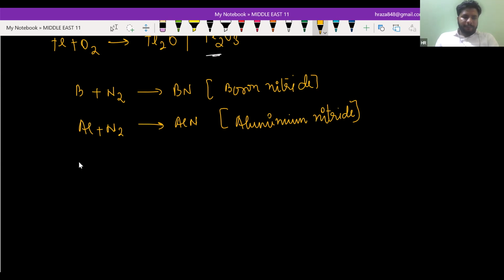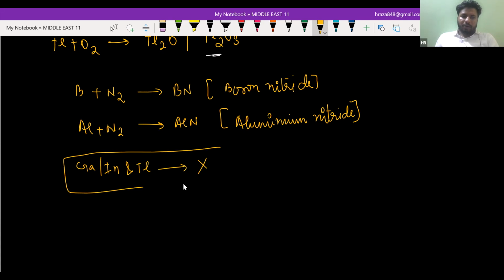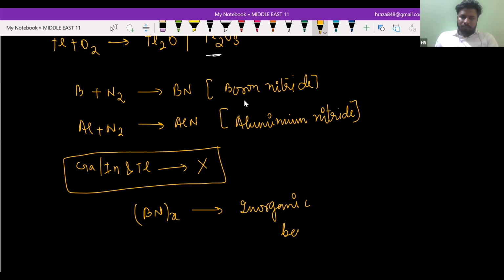Again, gallium, indium, and thallium do not react with nitrogen. And always remember, (BN)x is known as inorganic graphite.